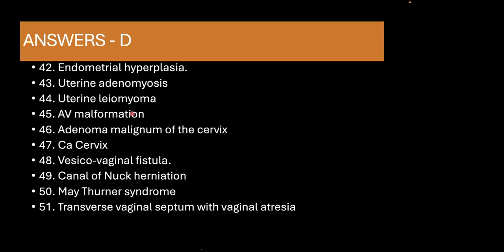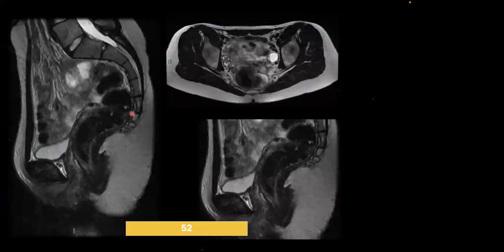And now we move on to the last section, and we'll go a bit faster now. 52. So let's be quick. I want the answers. See, ovaries you are seeing on the actual image.